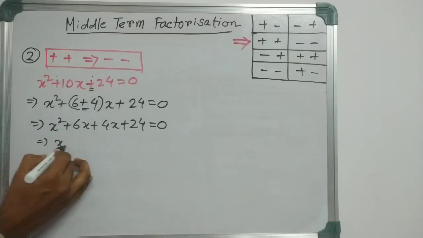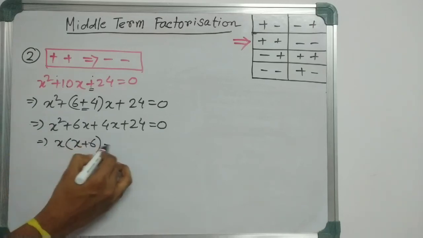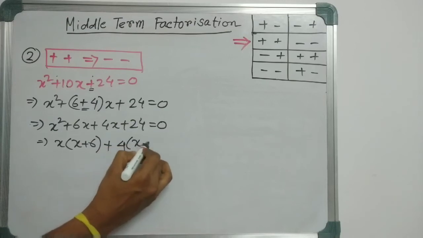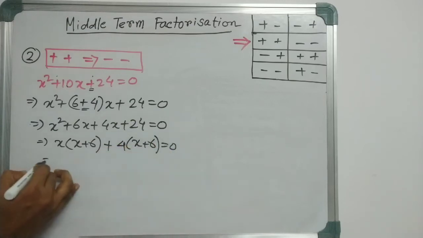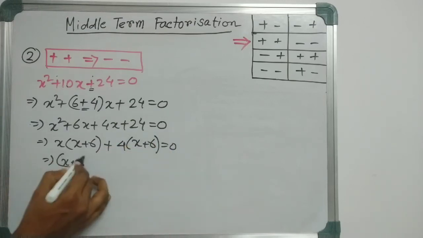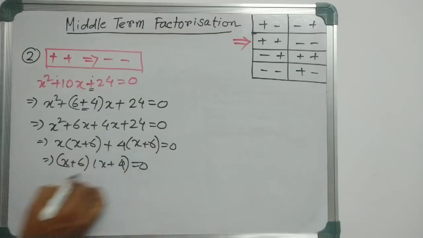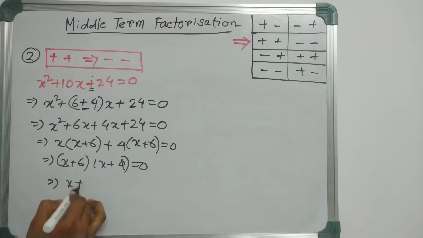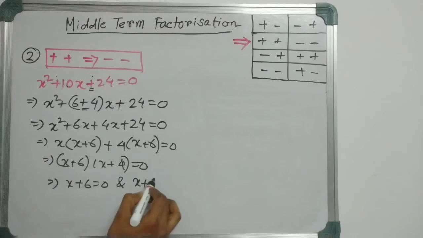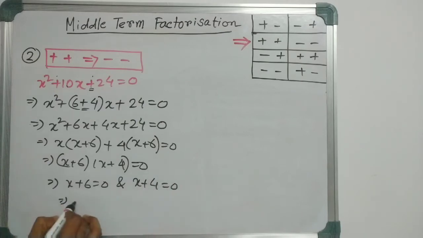Now from here x is common, so x plus 6, and from here 4 is common, so x plus 6 equal to 0. That is why x plus 6 and x plus 4 equal to 0, which implies x equals minus 6, x equals minus 4.